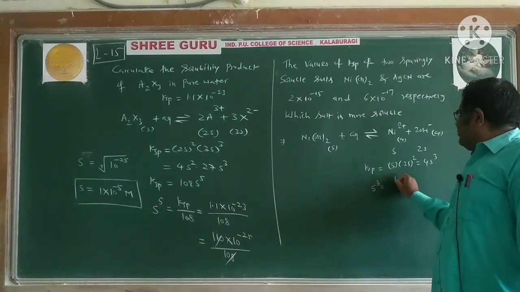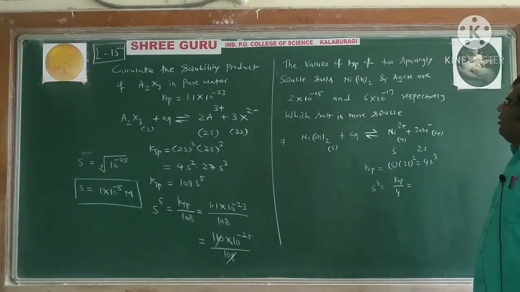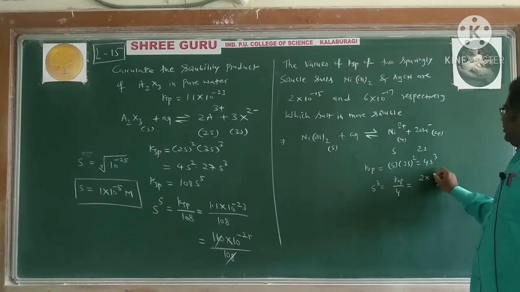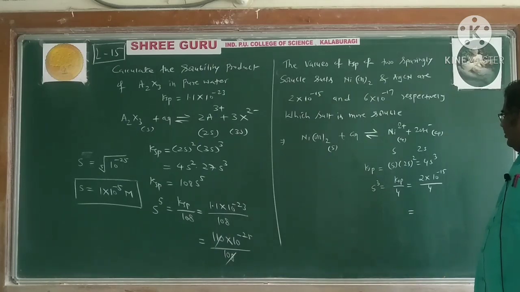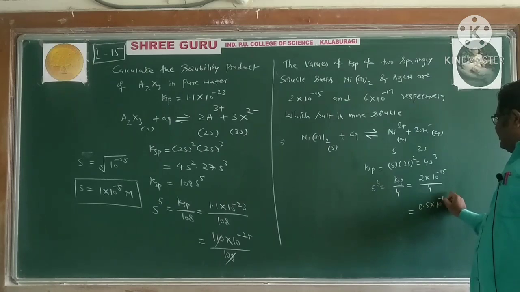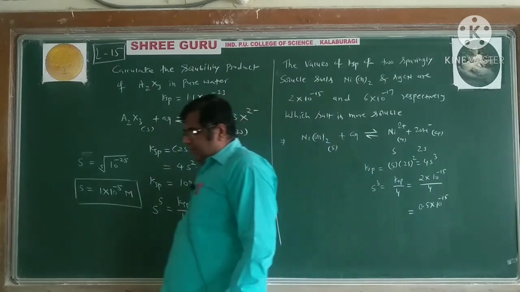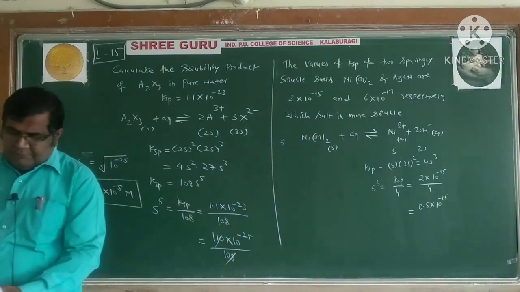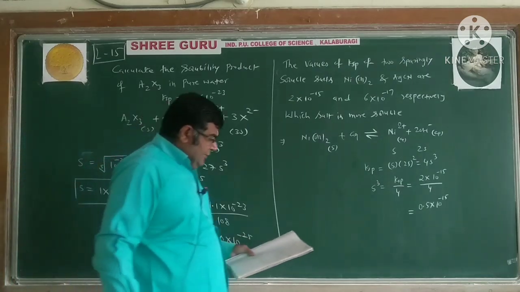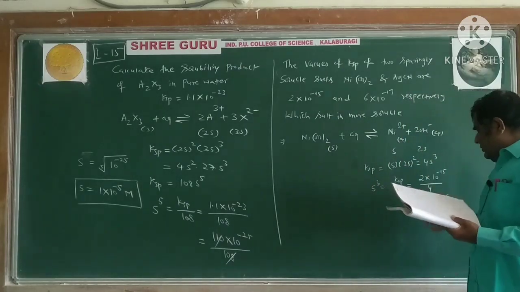S cube is equal to KSP by 4, 2 into 10 raised to minus 15 by 4. This is 0.5 into 10 raised to minus 15. So we can calculate solubility here. For the solubility, we can convert this as 10 raised to minus 18.